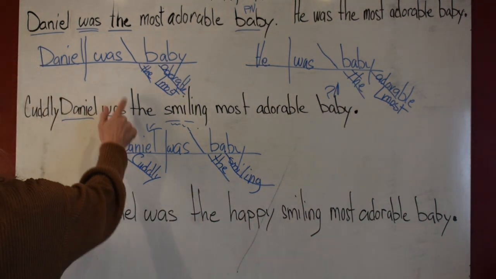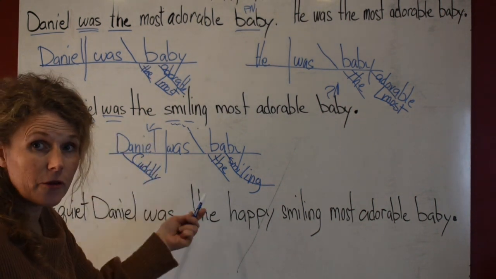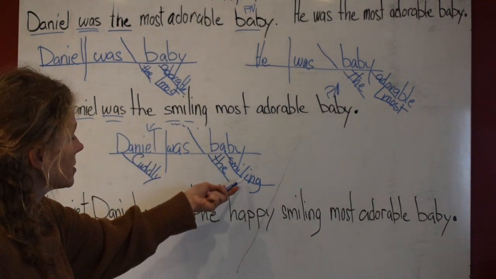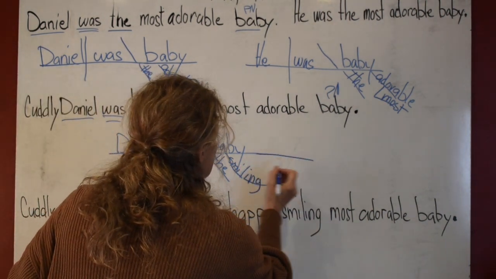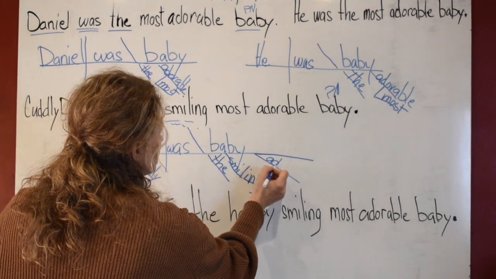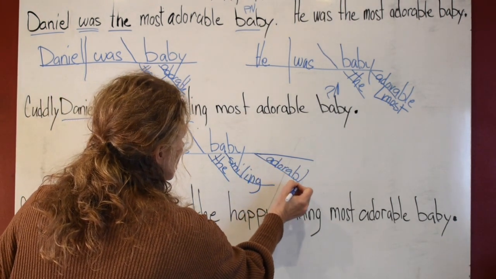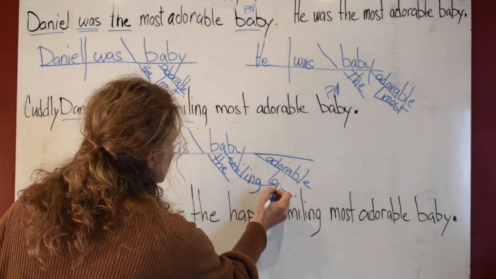But oh my gosh, I have the verb here. It's not the verb. This is a participle describing baby. All right? So let's just pull it out there, and then we have adorable. And then what do we have on here, Paul? Most, and that's your adverb.